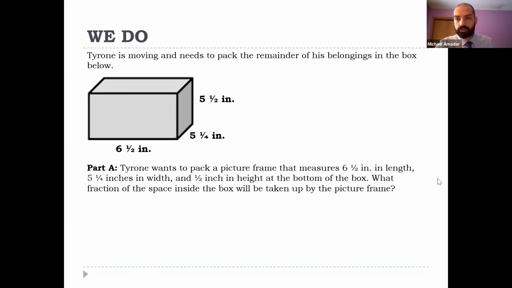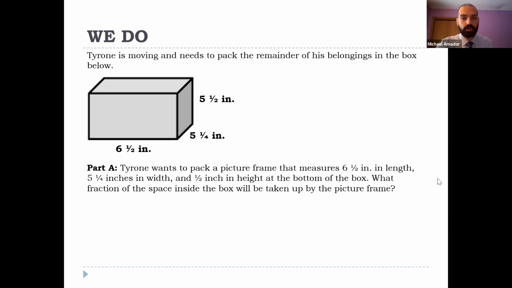Let's go to Joseph. Joseph, I am unmuting you. What is the problem asking us to do? The problem is asking us to find the volume of the space. I mean the square.